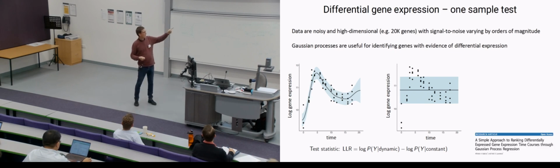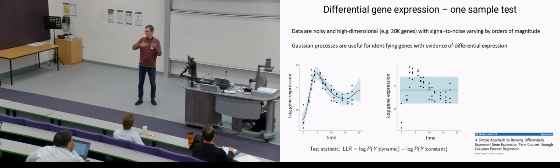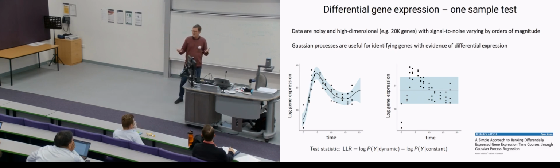If there's evidence in the data that the length scale is less than infinity, then that's evidence in support of it being dynamic. A frequentist would then do a likelihood ratio test. A Bayesian might do something different, like use a BIC or something like that. That's kind of the idea.